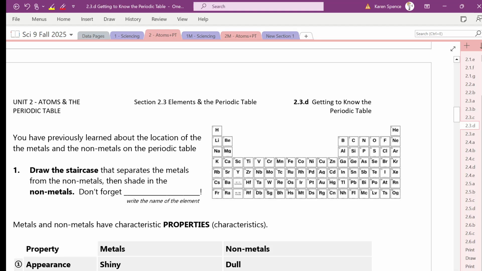By way of a little review, could you please draw the staircase once again and then shade in the non-metals? So this is on page 72.